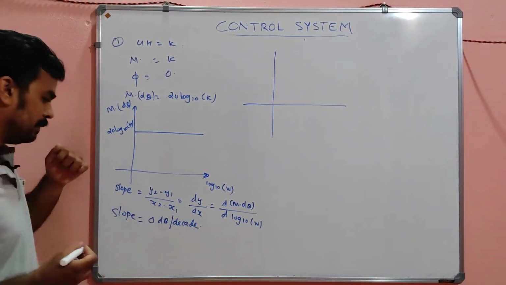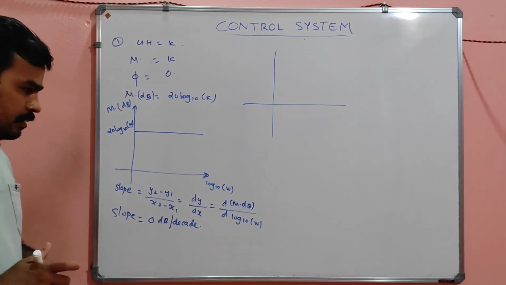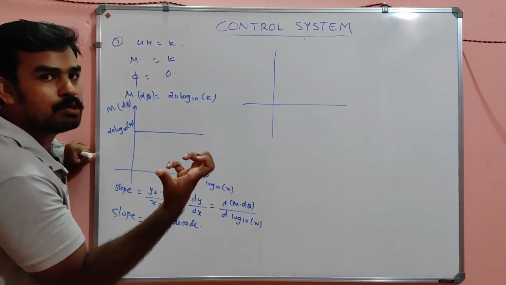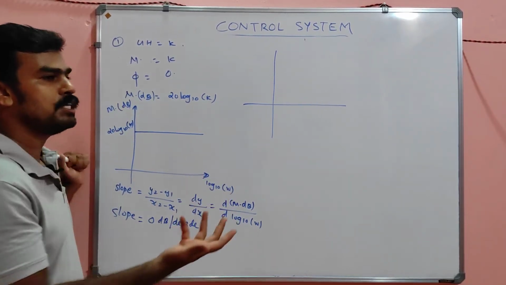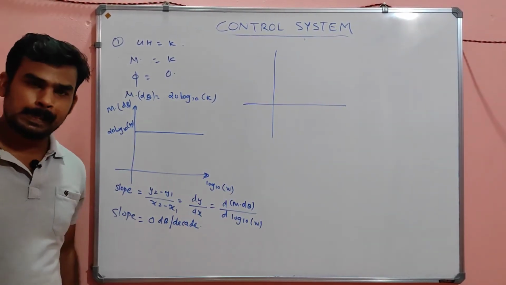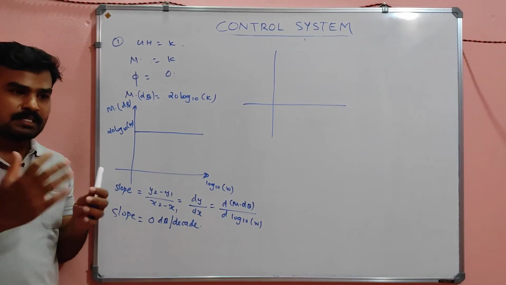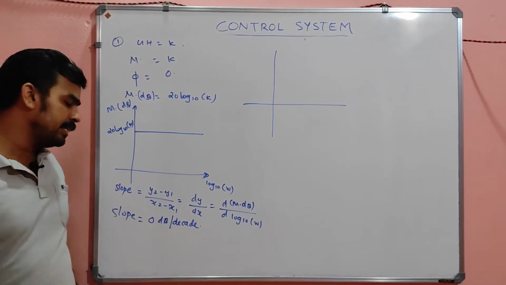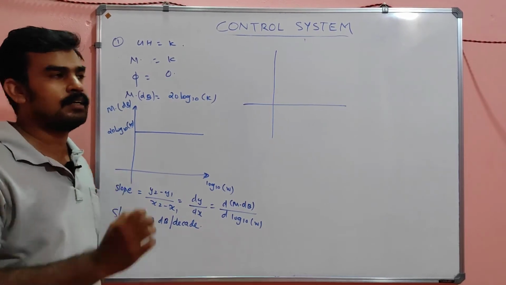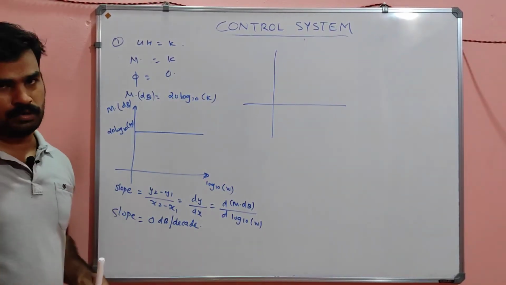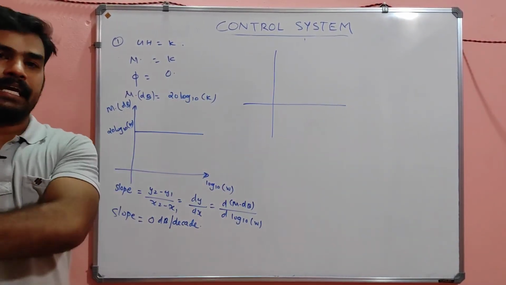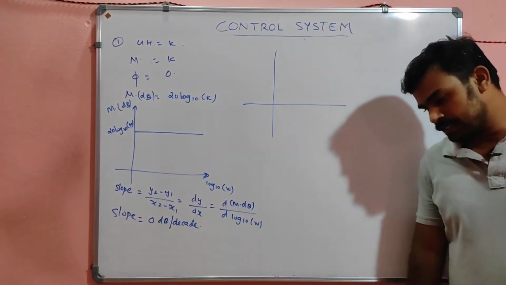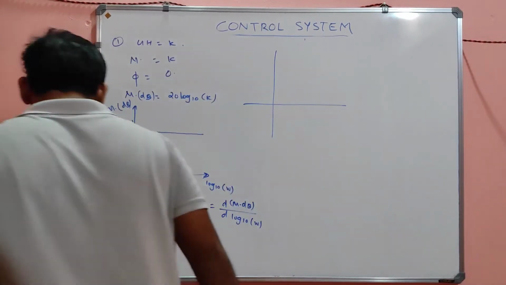Very, very important, my dear. What is the unit? MdB means you will get a dB quantity, divided by log 10 to the base omega, which means a decade change. So you can always represent slope in Bode plot as dB per decade. It's a very, very important concept.